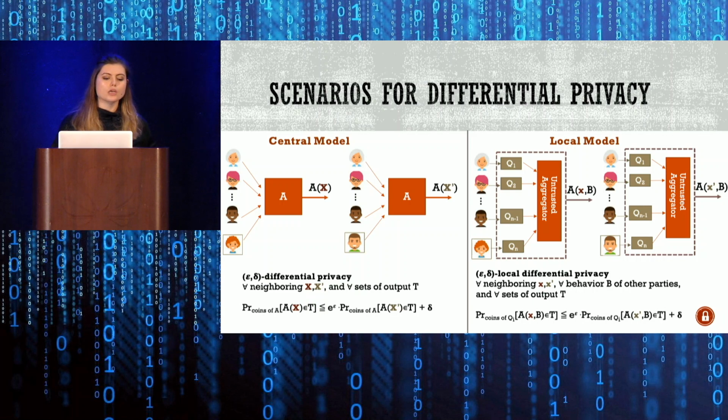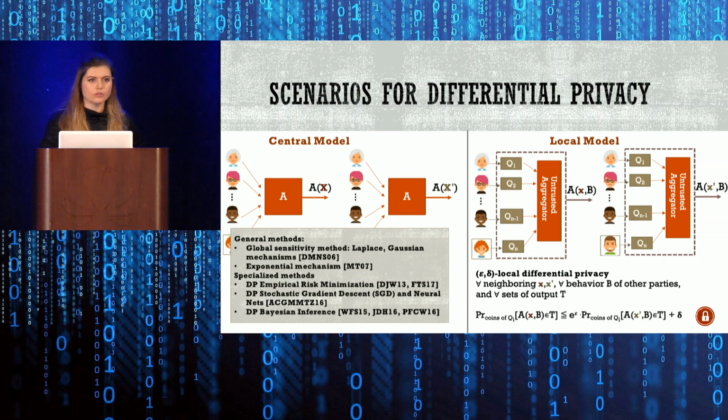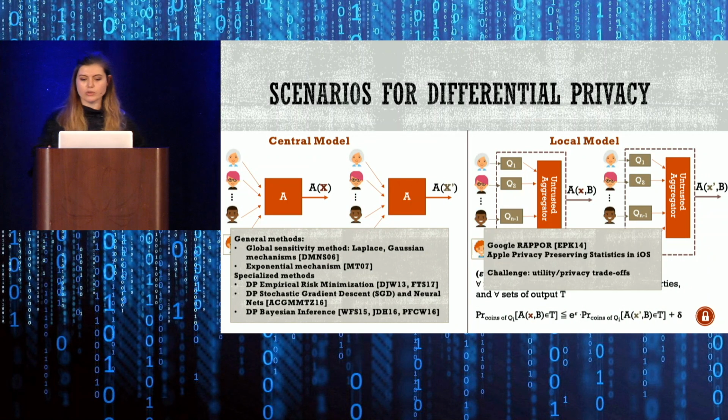So there has been a lot of work developing general differential privacy mechanisms in the central model, as well as specialized methods for particular functionalities of interest. But since the local model has been more relevant in this setting of federated learning, this is where some of the companies have been looking, and Google and Apple have been leveraging some local differential privacy techniques in order to collect aggregate statistics.